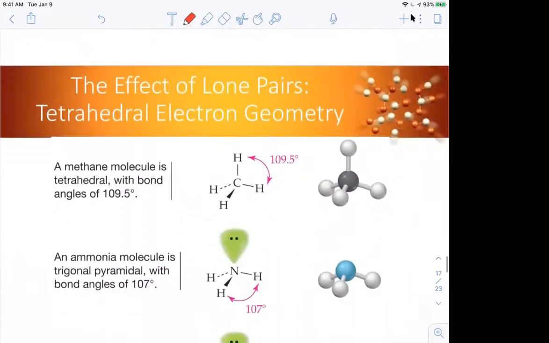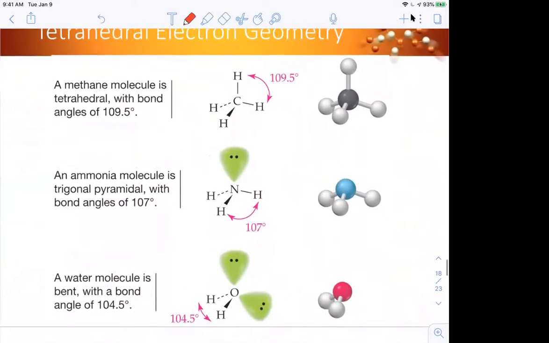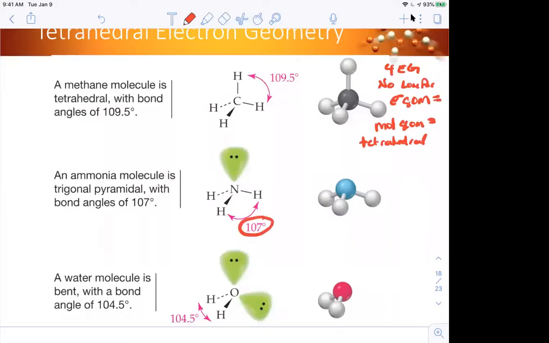So if I look at that, I can see this slide. Here I have 4 electron groups, 0 lone pair. So my electron geometry is equal to my molecular geometry, which is equal to tetrahedral. Here, right, this bond angle is a little bit less than 109.5 because this lone pair takes up more space and has more repulsion with these other bonds.